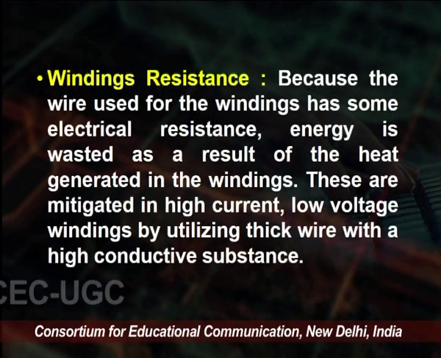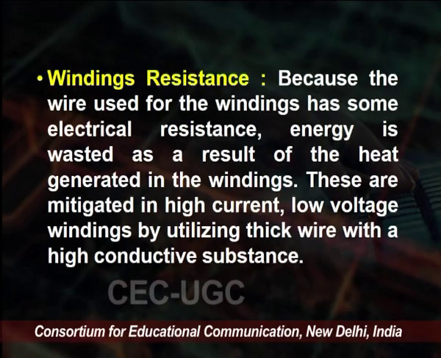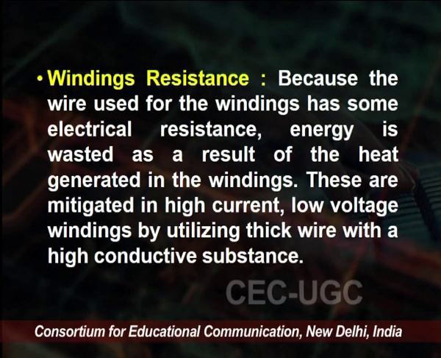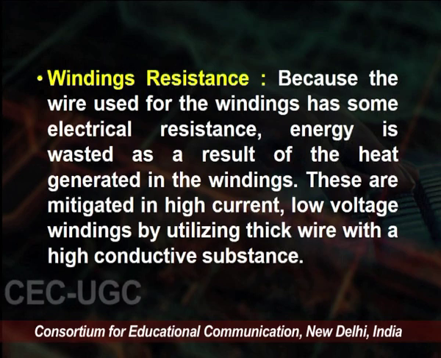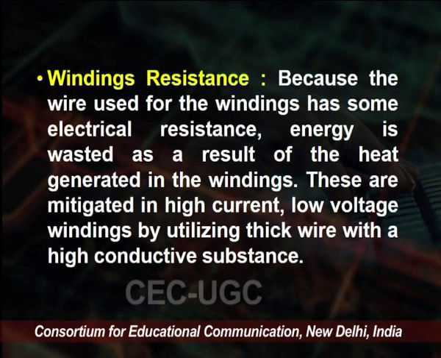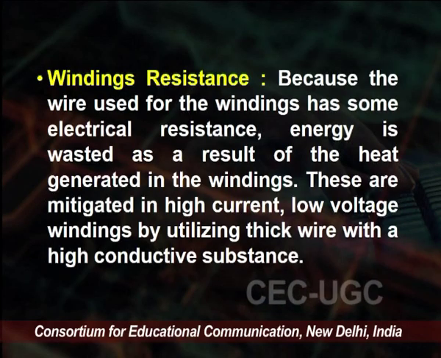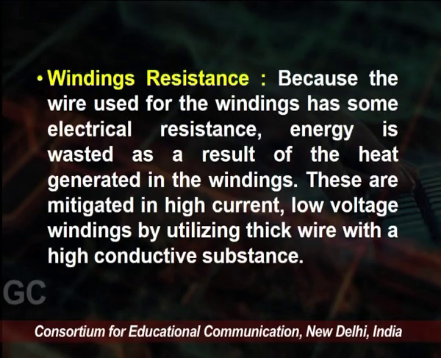Another is the winding resistance, because the wire used for the winding has some electrical resistance. So, energy is wasted as a result of the heat generated in the windings. This is mitigated in high current, low voltage windings by utilizing thick wire with highly conductive substances. Another is the eddy current.